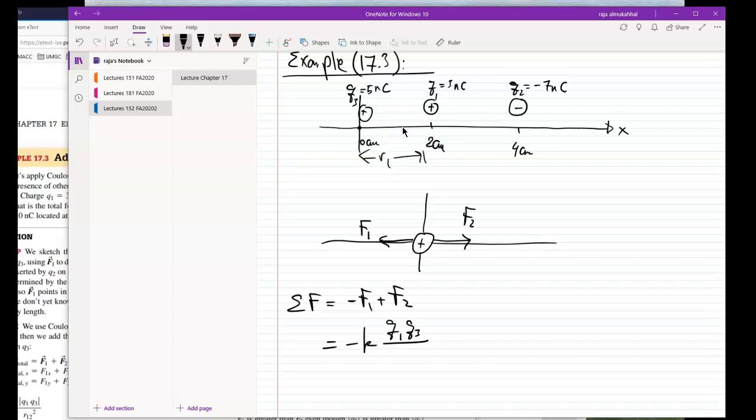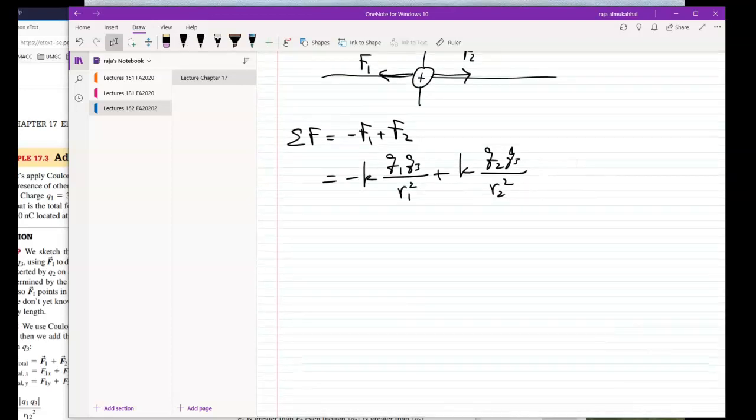And I'm going to call this R2 because it's Q2. So this is over R1 squared plus K Q2 Q3 over R2 squared. You see what I'm saying?